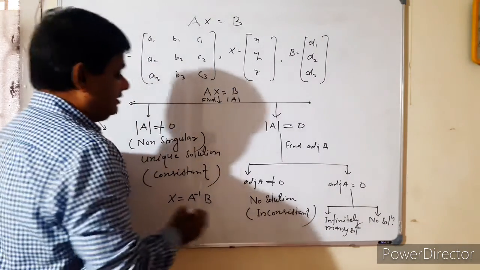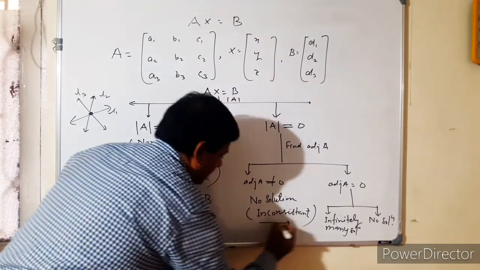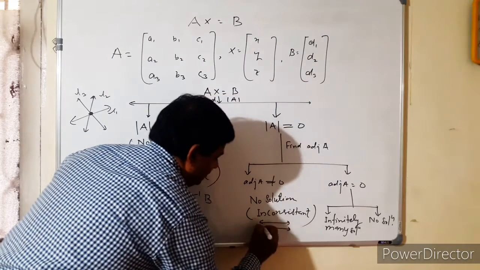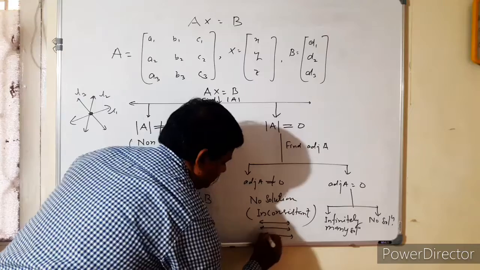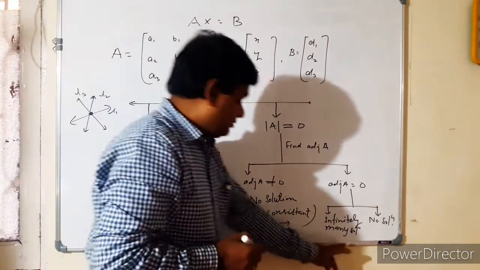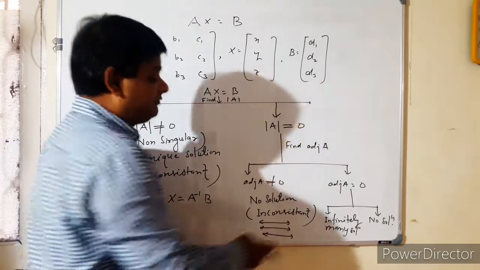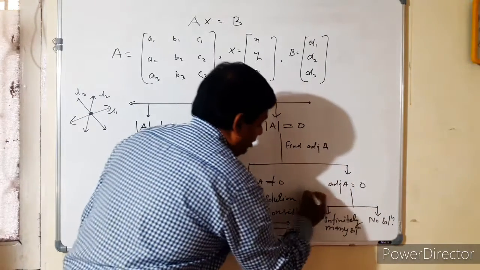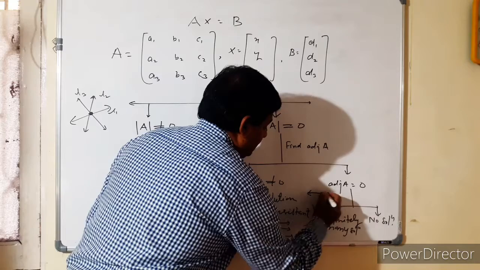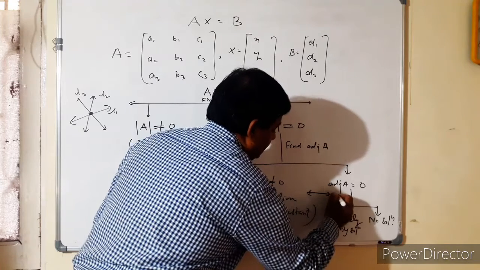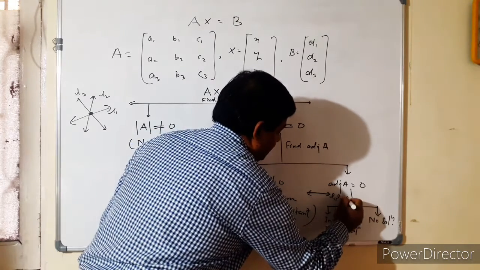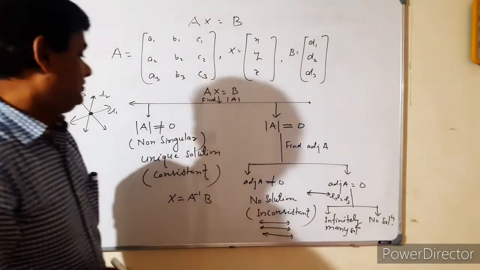No solution means the lines will be parallel, all three lines parallel to each other. Inconsistent, no solution. Infinitely many solutions means all three lines overlap each other, L1, L2, L3 overlap.